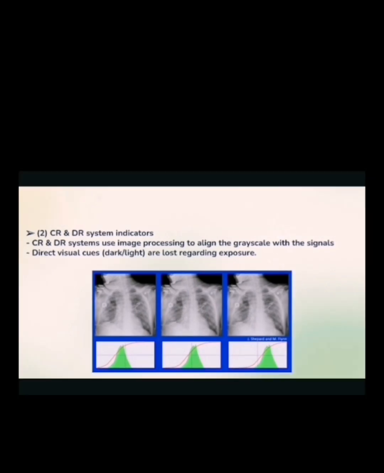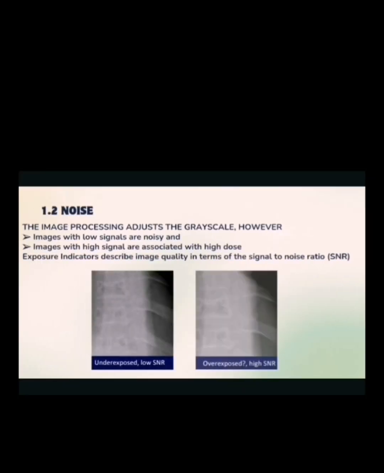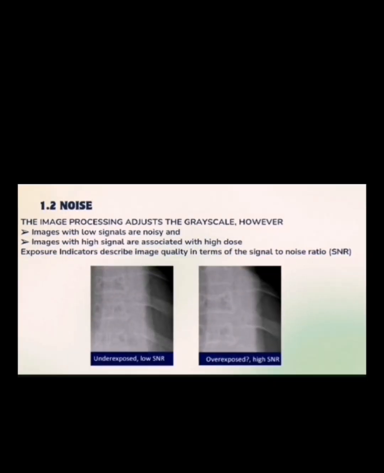Now we're going to move to noise. The image processing adjusts the grayscale. However, images with low signals are noisy, and images with high signals are associated with high dose. Exposure indicators describe image quality in terms of the signal-to-noise ratio, or SNR.